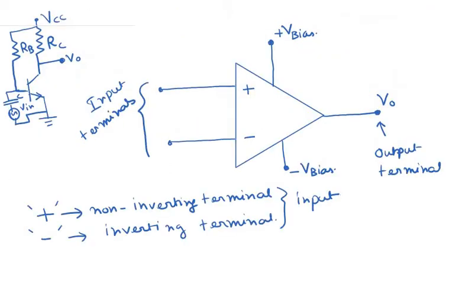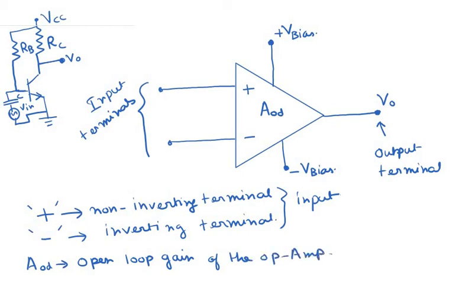Now, an op-amp is characterized by its gain AOD, which is also known as the open loop gain of the op-amp. In general AOD is very large, so large that when we do mathematical calculations, AOD can be taken as infinity.